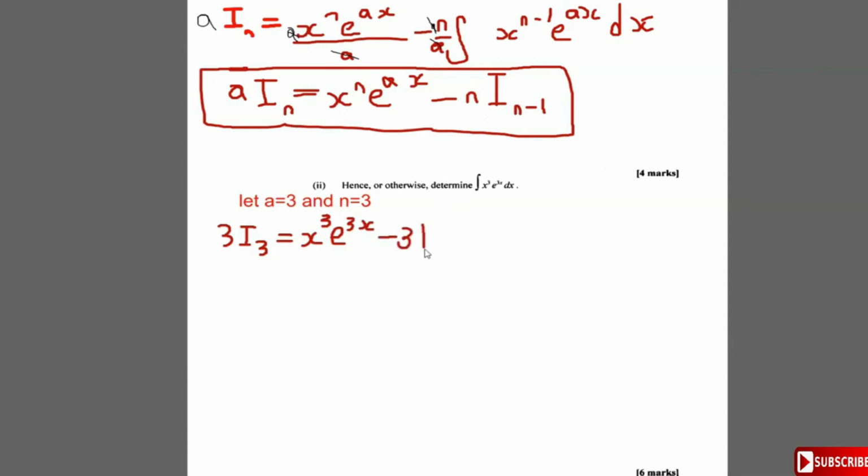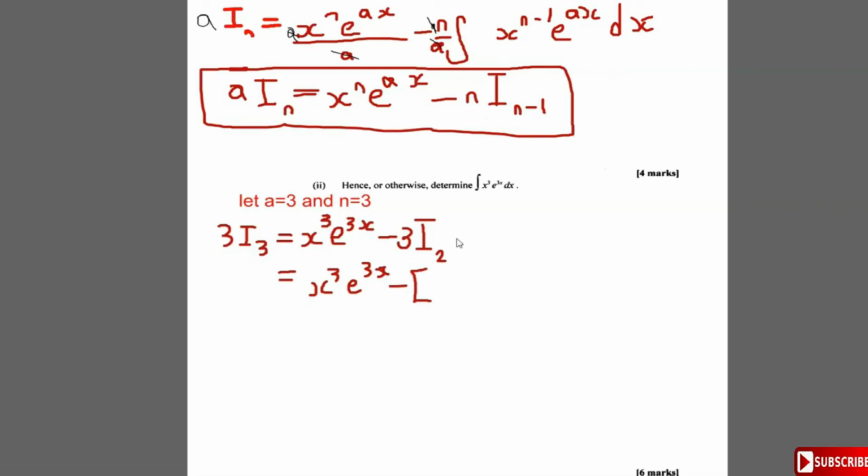So now we need to find out what is I2. So finding out what is I2, we can find out what is 3 times I2. So we keep a as 3, but now n as 2. So 3I3 is going to be equal to x cubed e to the 3x minus now 3I2, meaning we're changing now into 2.